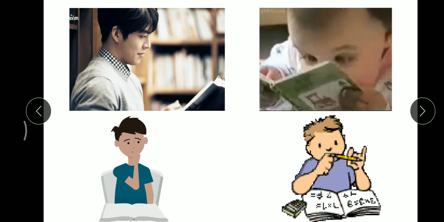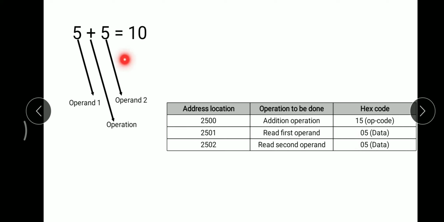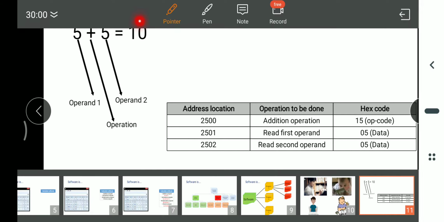Okay, now this is a small scenario. 5 plus 5 equal to 10, that we already know. In our kindergarten schooling itself, our teachers trained us. How did they train us?